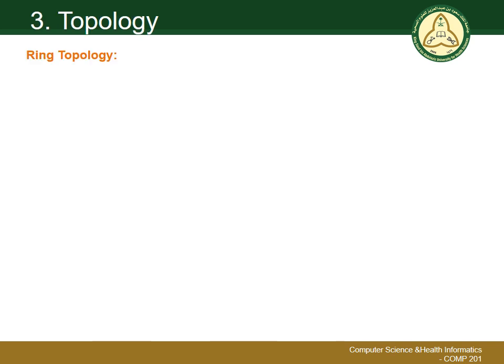The second topology is called ring topology. With the ring topology, each device is connected to two different adjacent devices, one to the right and one to the left, and at the end, all the connected devices form a circular structure.